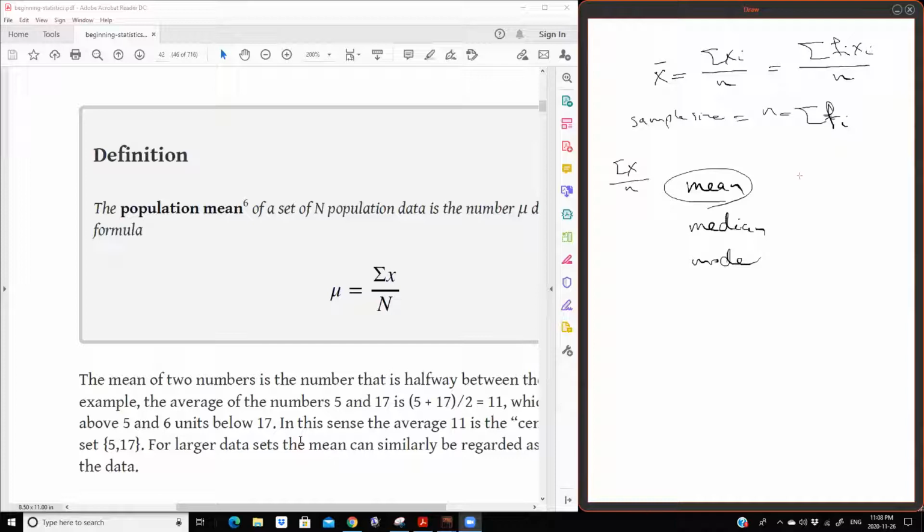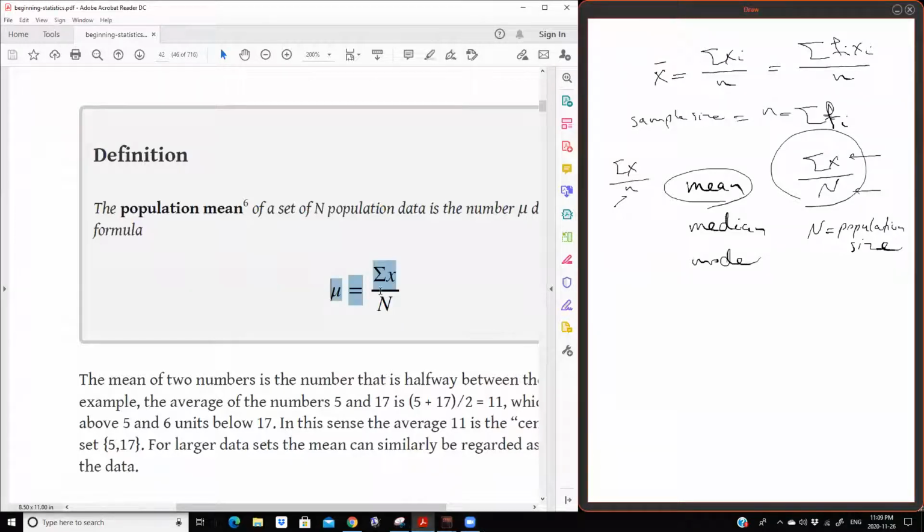Then you can calculate something called the population mean, which is going to be sigma xi divided by uppercase N, where uppercase N is your population size. Make sense? It's basically the same formula. You just add up all the measurements in the sample, divide by sample size, or you add up all the measurements in the population and you divide that by the population size.